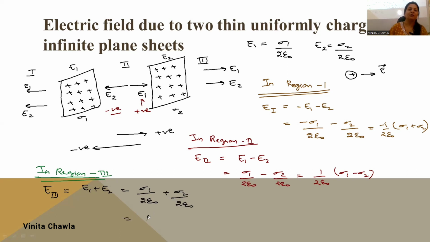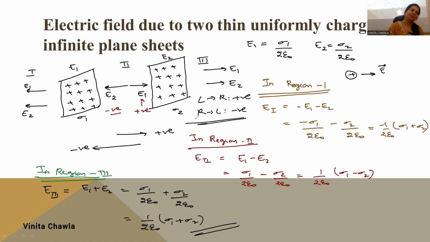We can take 1 upon 2 epsilon naught outside as common, and in the bracket we'll have sigma 1 plus sigma 2. By convention, here we have taken left to right as positive and right to left as negative. We can choose any convention as per our convenience. How was the derivation?